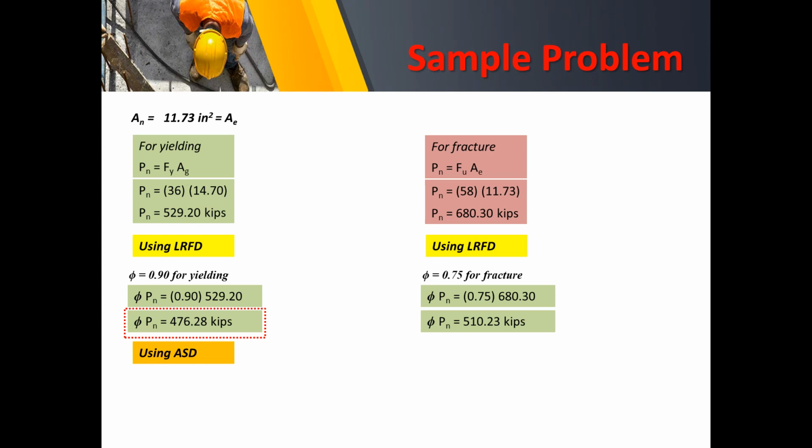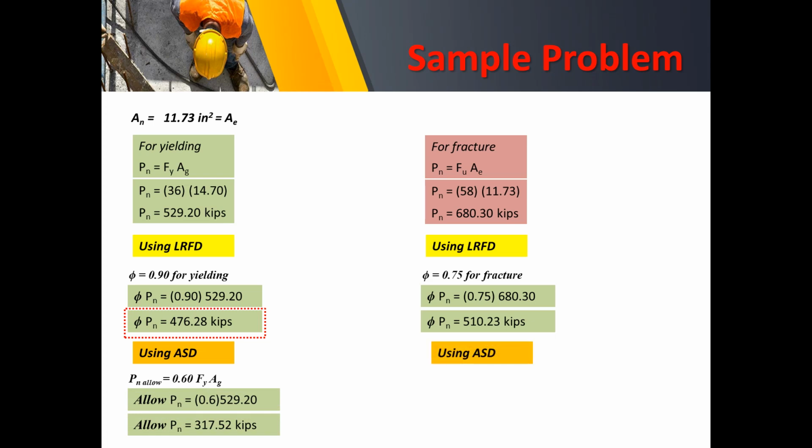Now using the allowable strength design, the allowable strength will just have to multiply 0.6 to FyAg. So 0.6 of 529.2, that would yield to 317.52 kips. So we do the same for fracture. The allowable strength for fracture for ASD is 0.5 Fy.